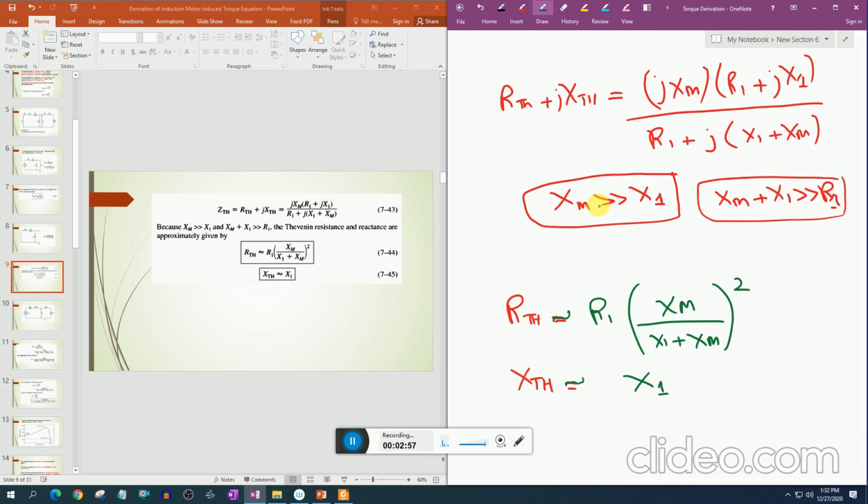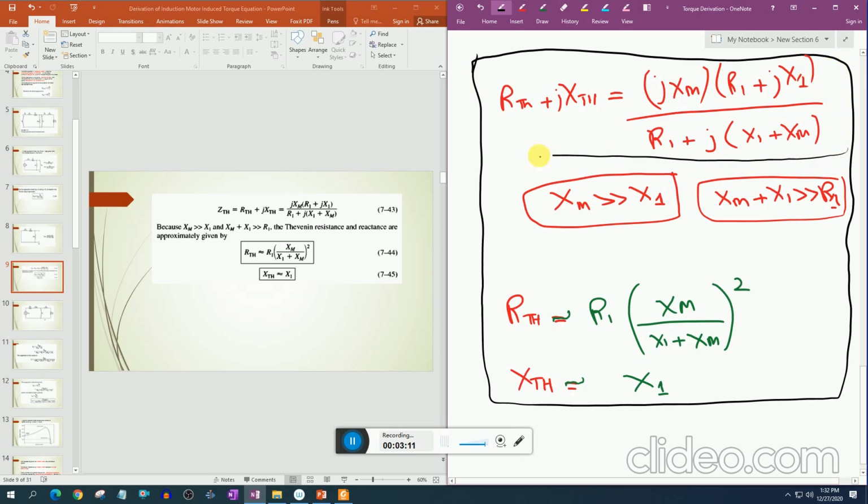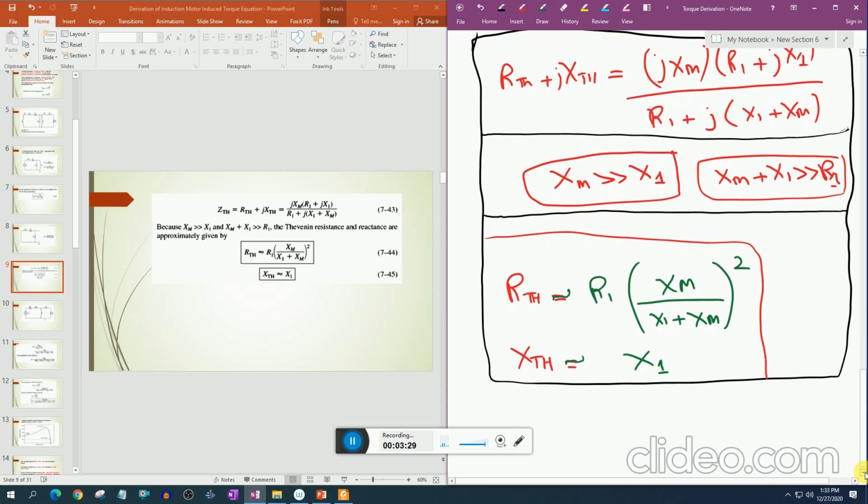And now this is your task also. Considering these equations, you have to derive the results, which are these ones. You have to do it on a single paper.